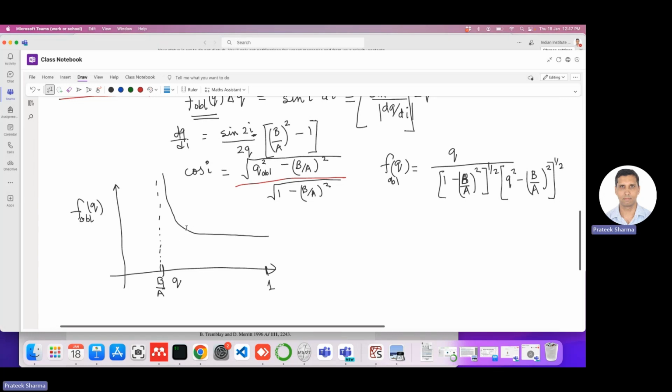So what it means is that the spiral galaxies' true value is actually less than 0.2, because at the true value it should rise up, and there are not a lot of them with apparent Q value less than 0.1. So most spiral galaxies have their true B by A between 0.1 and 0.2. By doing these statistics, this is the kind of thing that you can actually learn.